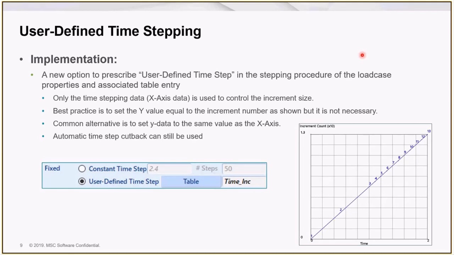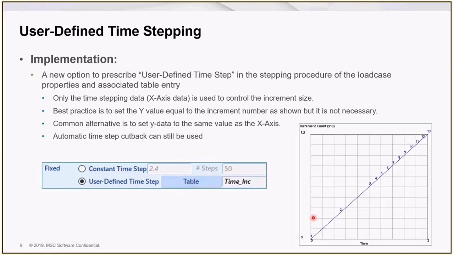In the implementation, we have a new option, and it prescribes a user-defined time step. You can see that down here in the lower left. We have this new user-defined time step with a table you enter. So what defines the increment size is the time stepping data.